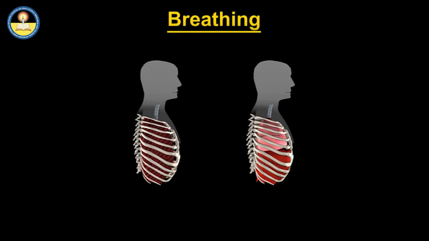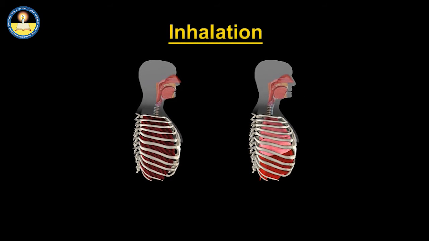A set of muscles present between the ribs acts together to change the size of the chest cavity. The muscles attached to our ribs encircle the lungs and the chest cavity. Let us begin with inhalation.